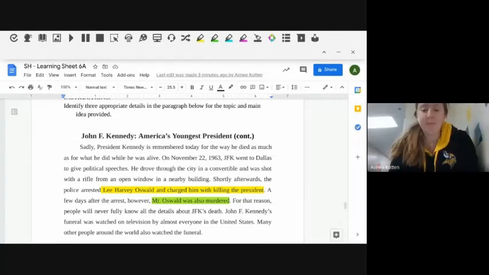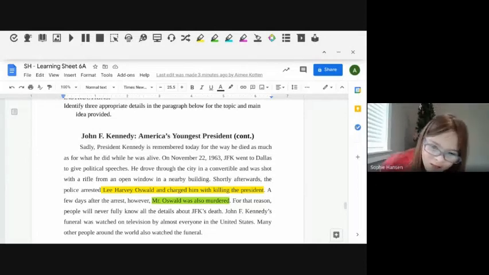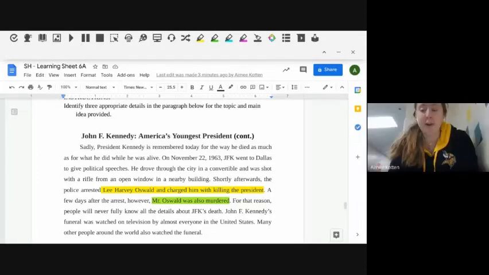So we're going to find a detail about him being remembered today for his death. How about when JFK went to Dallas to give political speeches? Do you think that's a detail? Yeah. I think you're right. What color should we highlight that in?